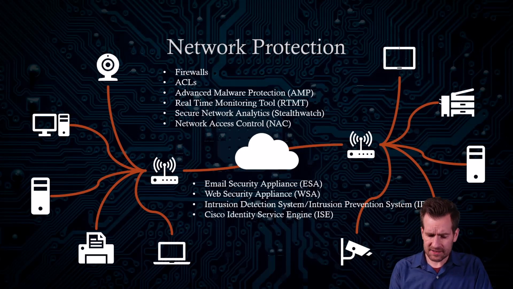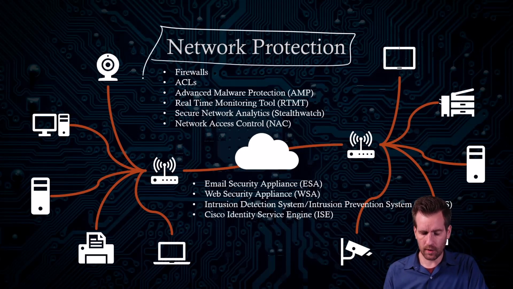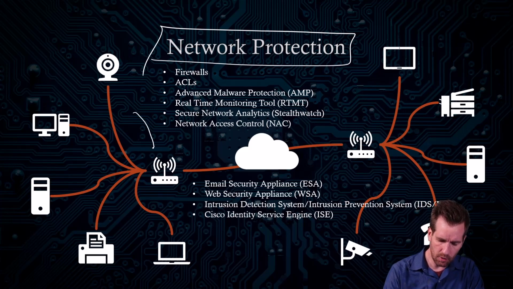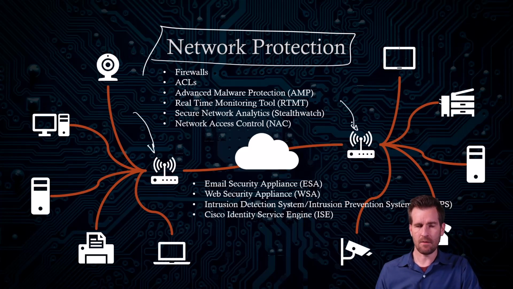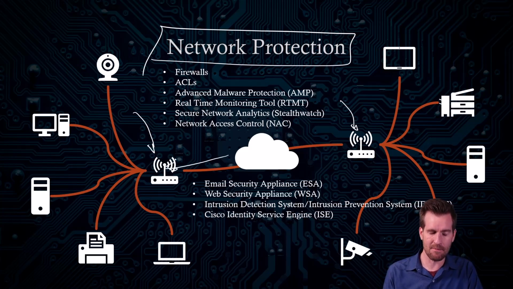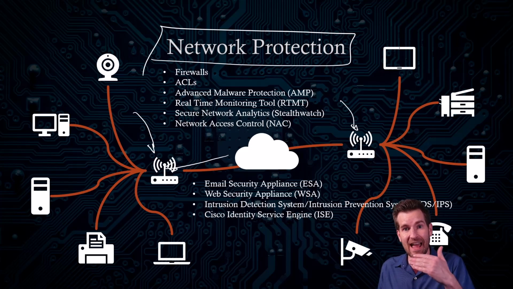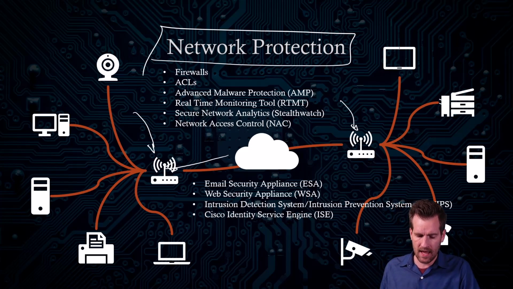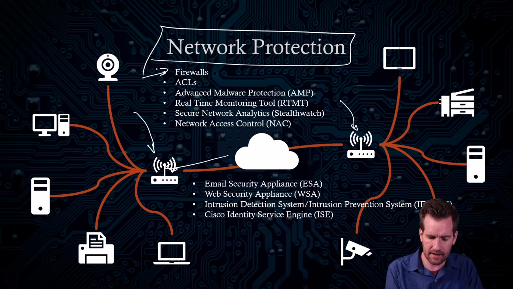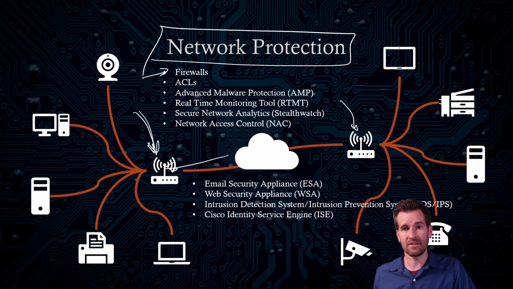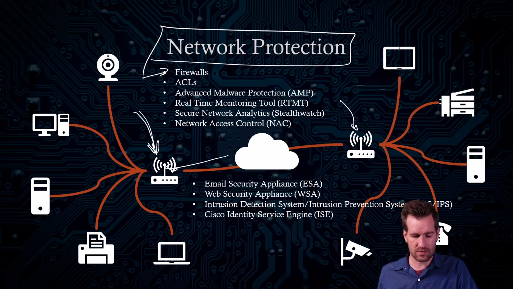So there are also a whole bunch of network protections, things that we can incorporate before any malicious code or any malicious people get onto our network, to stop them before they even access our network. And so we have things like firewalls, that we would implement at the front of our network to protect it from the outside world.